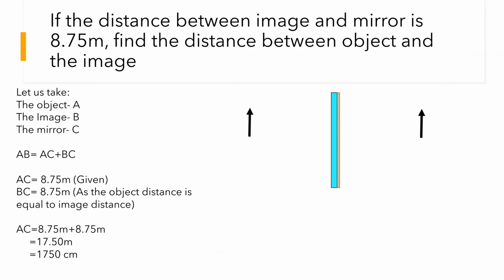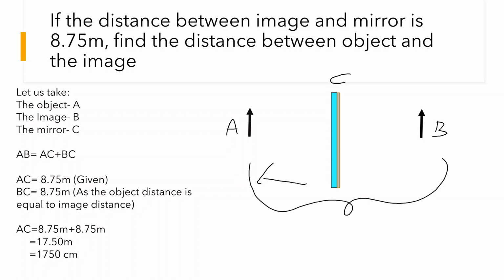We'll check this explanation properly. Let the object be A, the image be B, and the mirror be C. Now AB is equal to AC plus BC. AC is equal to 8.75, BC is also equal to 8.75.